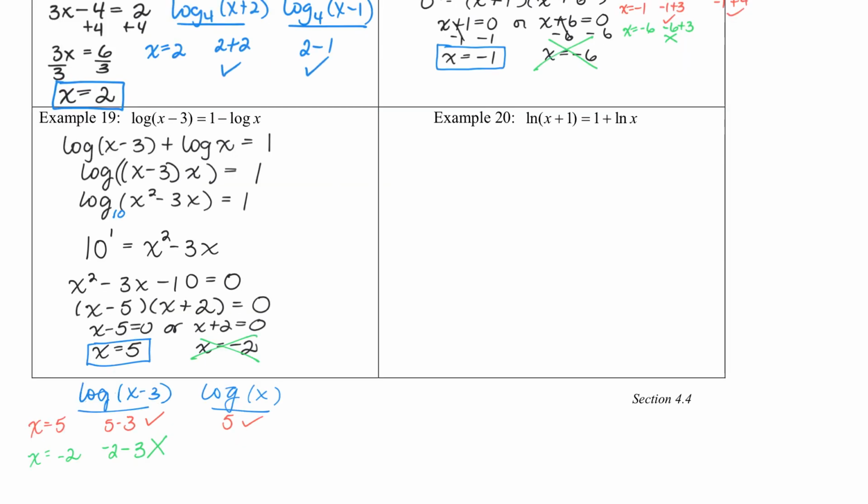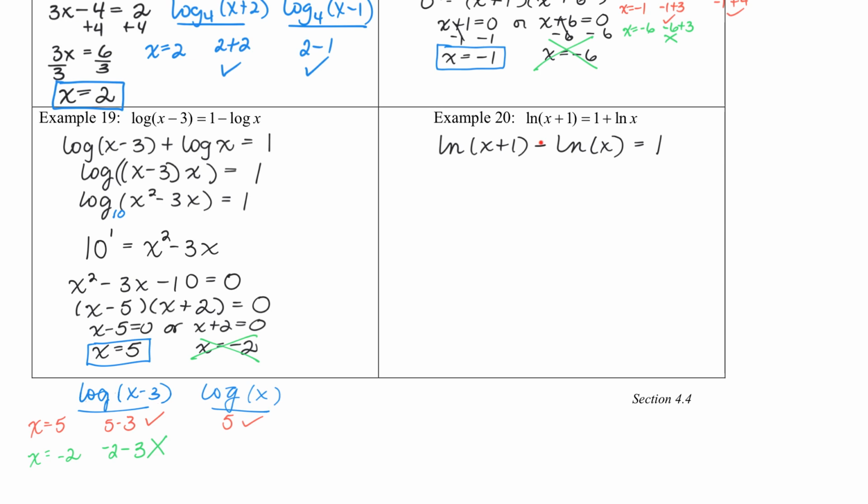And then the final example on this page is example 20. And again, I see a situation in which I have two logarithms, and they're on opposite sides of the equal sign. So I'm going to subtract natural log of x from both sides. So I'm going to end up with the natural log of x plus 1 minus the natural log of x is equal to 1. Now I have both logarithms on the same side of the equation, and I can condense these logarithms using my properties.